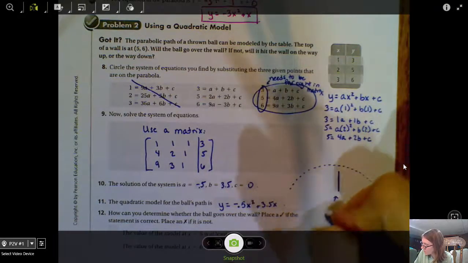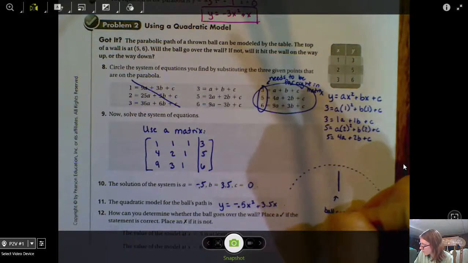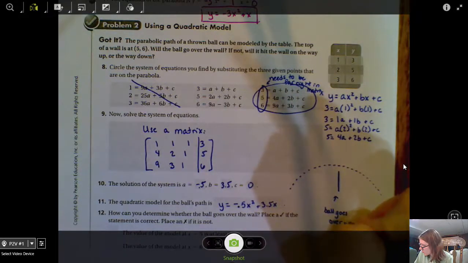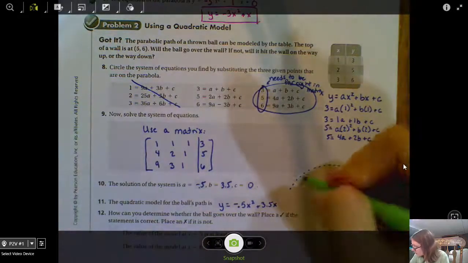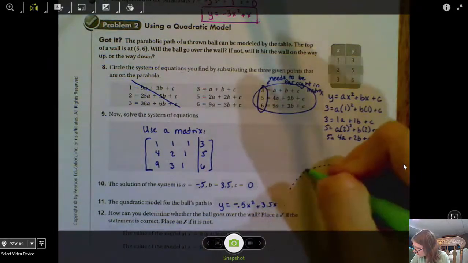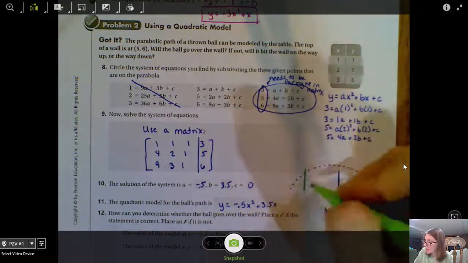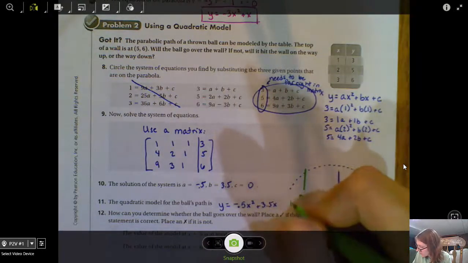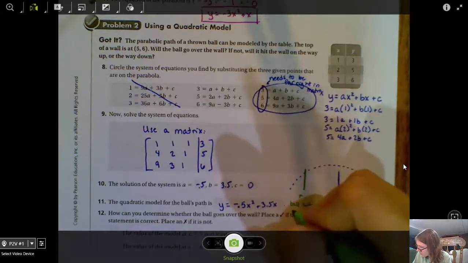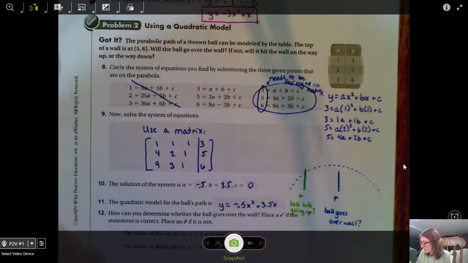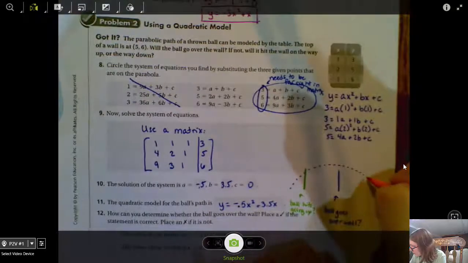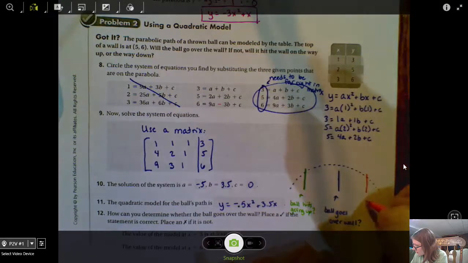For all we know, the ball goes over the wall. Or maybe my wall is the same height, the ball might hit the wall on the way up, or maybe the ball hits going down.